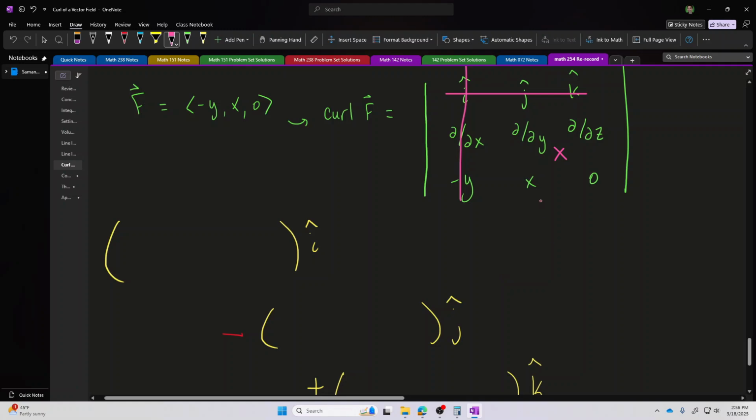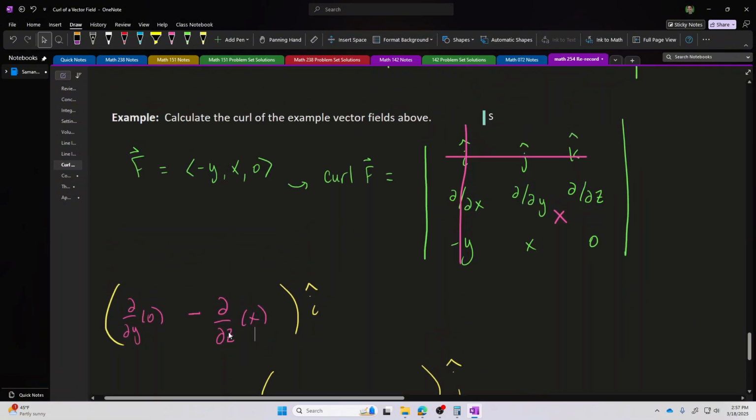What this is asking to do in this context is to take the partial derivative of 0 with respect to y and subtract the partial derivative of x with respect to z. So the difference between those two partials is going to be the x component of this particular curl.